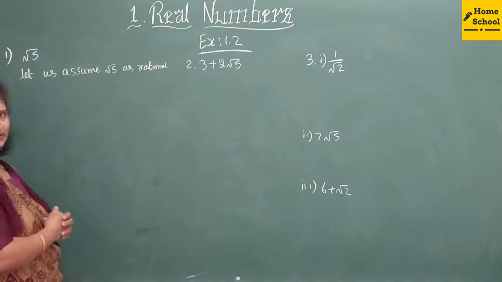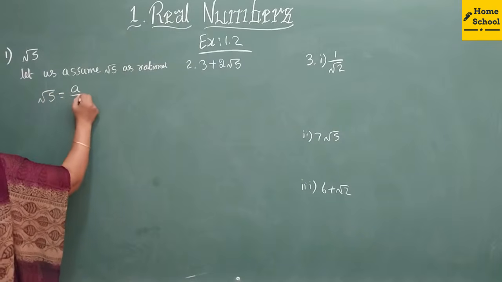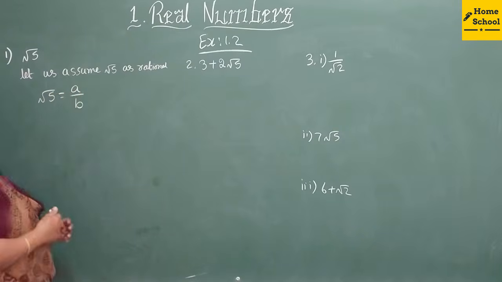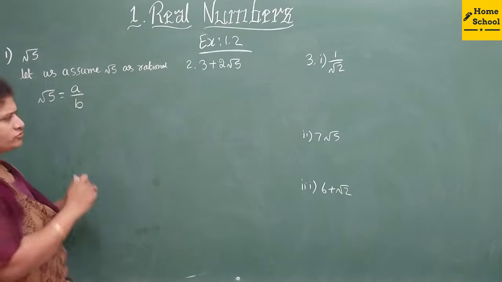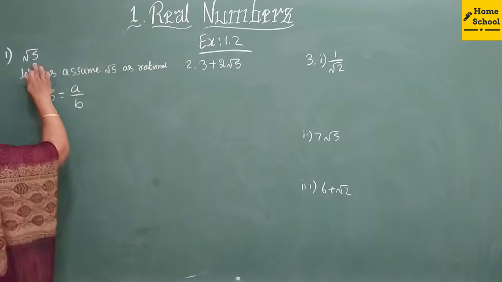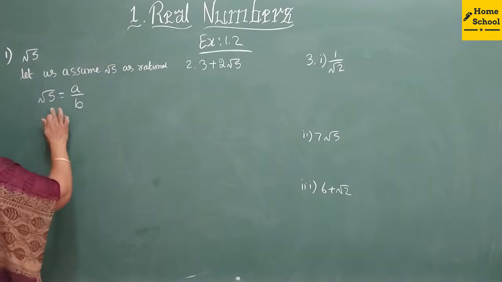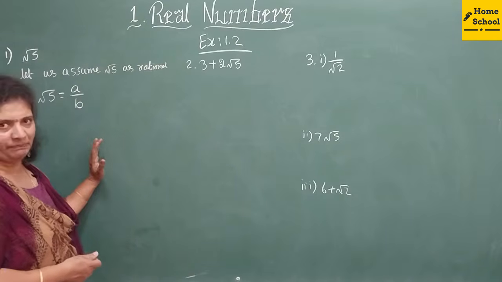If it is rational, it should be in the form of p by q or a by b, where a and b are co-primes and b cannot be equal to 0. You need to write those statements. So, if root 5 is rational, root 5 must be equal to a by b. This is a rational number.